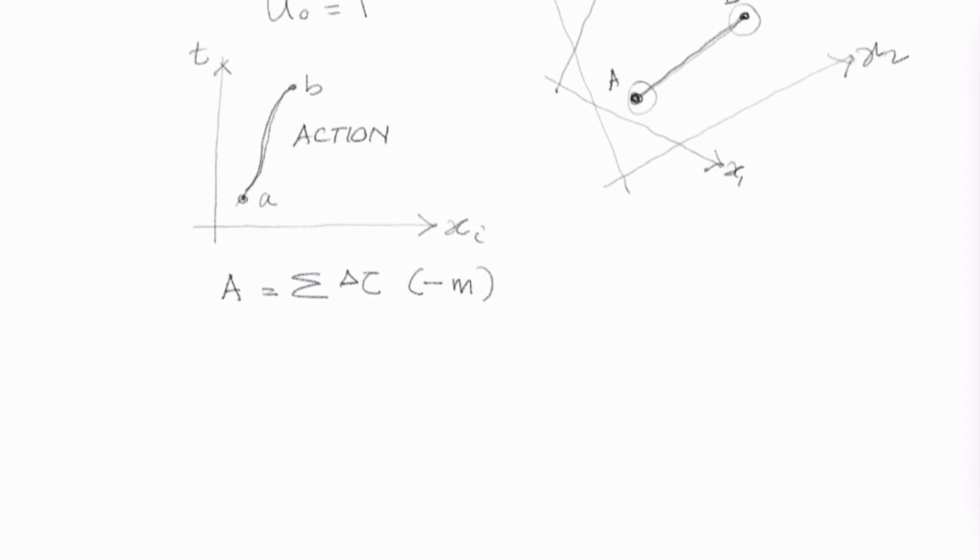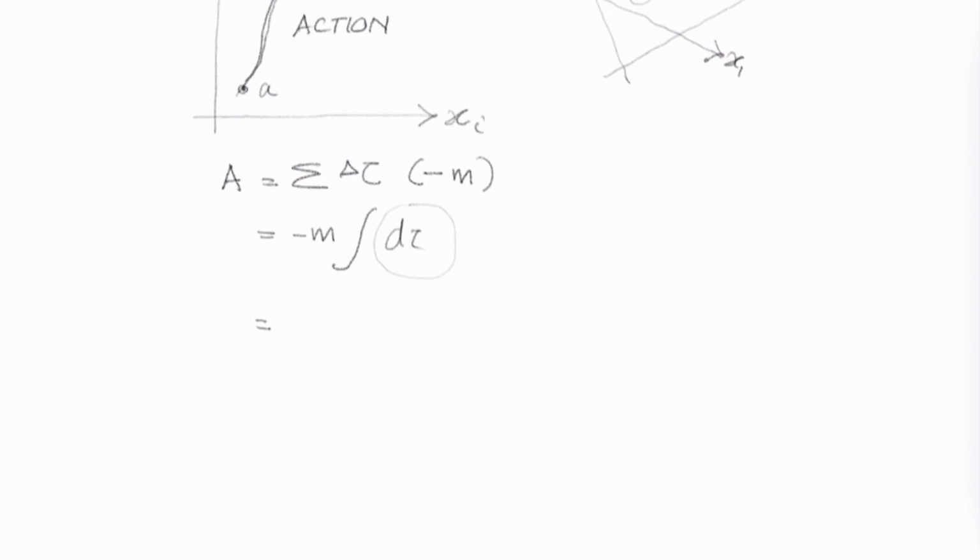It's a convention that we multiply this by a constant, minus m. Multiplying by a constant doesn't make anything change, but to maintain the convention, let's do that. So A is minus m integral of d tau. What is d tau? We know what d tau is. D tau is square root of dt squared minus dx_i squared.